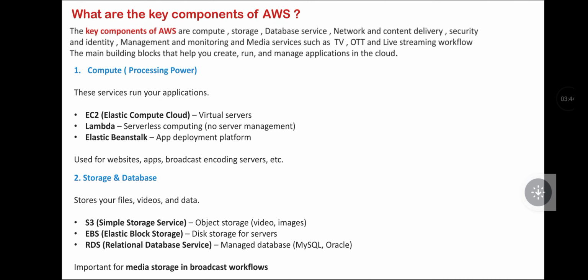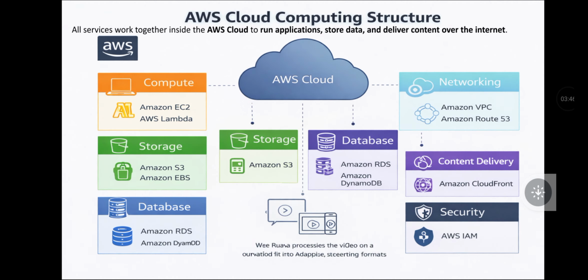So if you see the structure again, it is mentioned very clearly that all services work together inside the AWS cloud to run applications, store data, and deliver content over the internet.